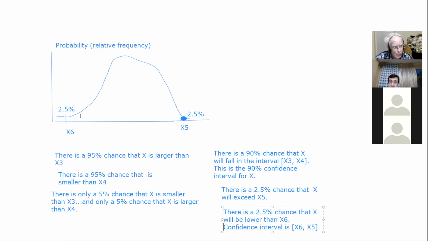So there is a 95% chance that x will fall between x6 and x5. So that is a 95% confidence interval. Okay, so far.